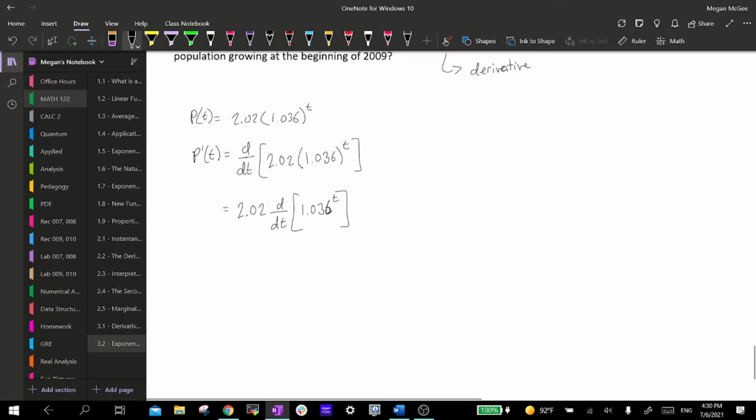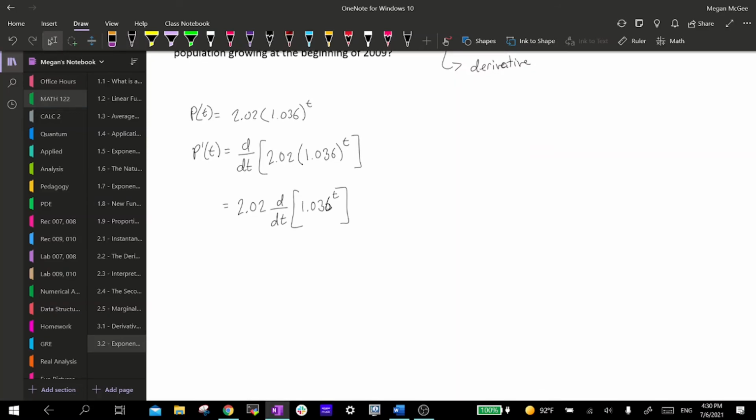And this uses one of our exponential rules where we have the derivative of a to the power x or t or some other letter, whatever the equation is using at the moment.